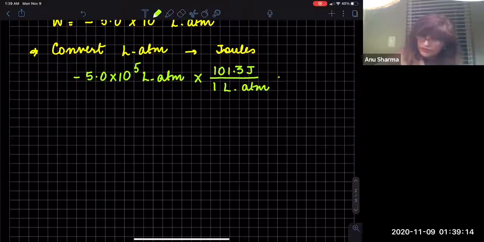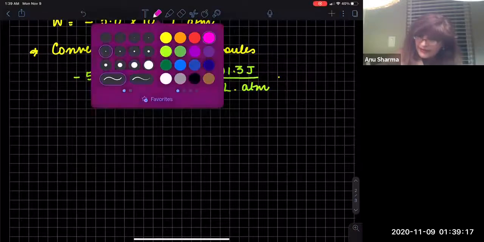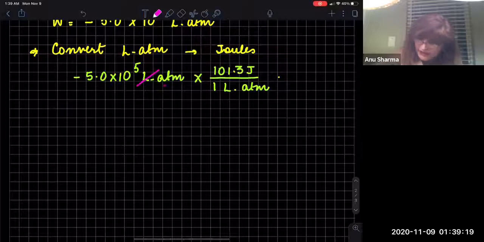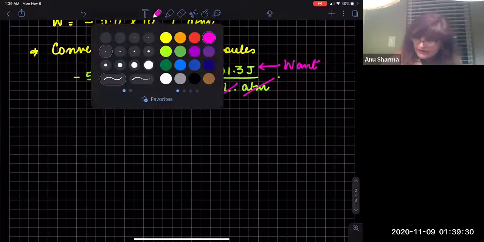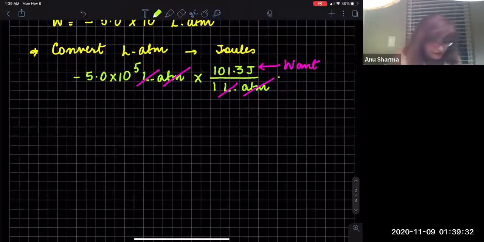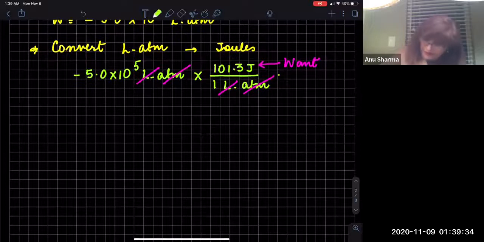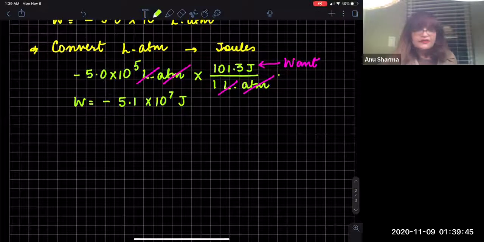Now you're going to cancel out the liters and atmosphere, and you are left with the unit of joules, which is the one that you want. So this is how the dimensional analysis works. What do you get as the final value of W now? W is equal to negative 5.1 into 10 to the power 7 joules. Okay, so that's the value.